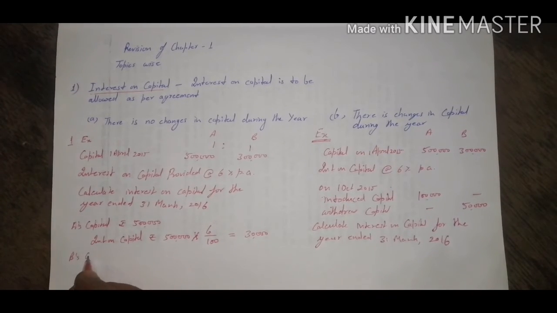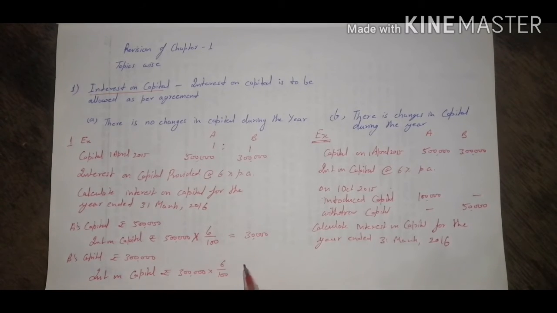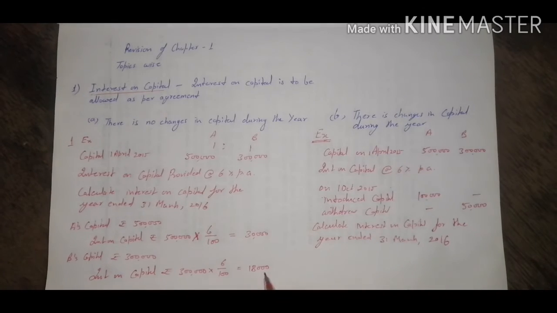And B's capital is rupees 3 lakh. Interest on capital, rupees 3 lakh at the rate of 6%, is 18,000.